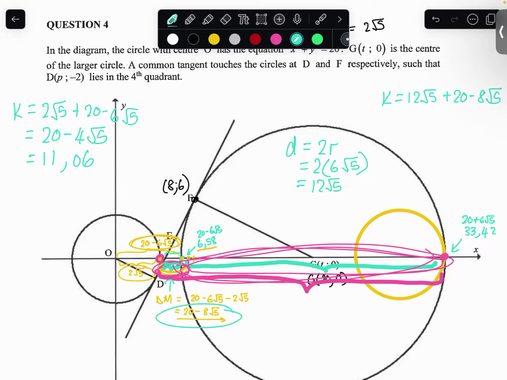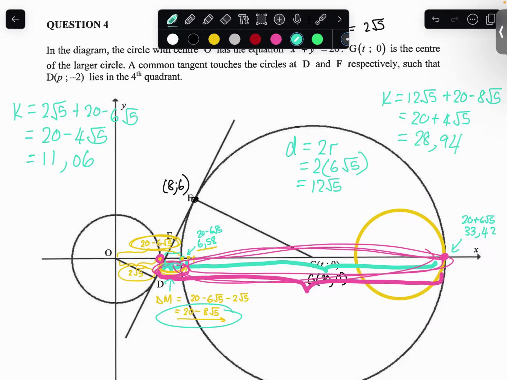And that was DM. That gives you an answer here of 20 plus 4 root 5. And if we put this in on the calculator in surd form, 20 plus 4 root 5, that gives me 28.94.